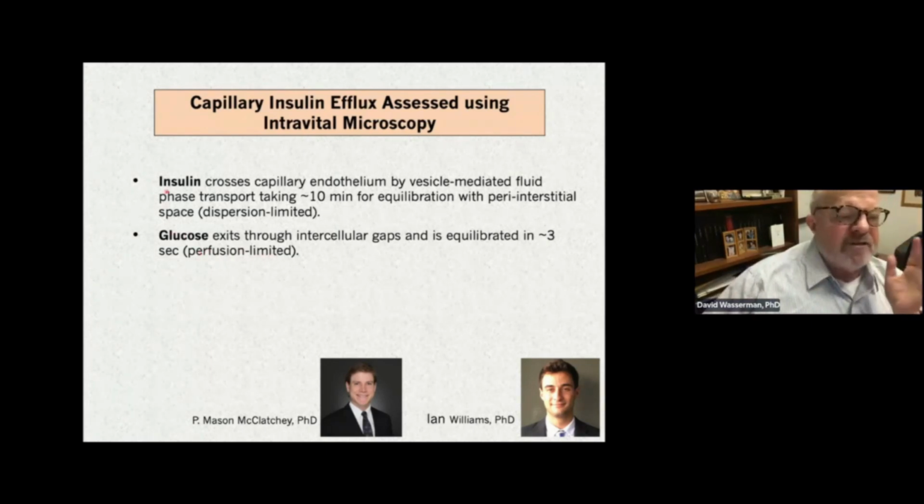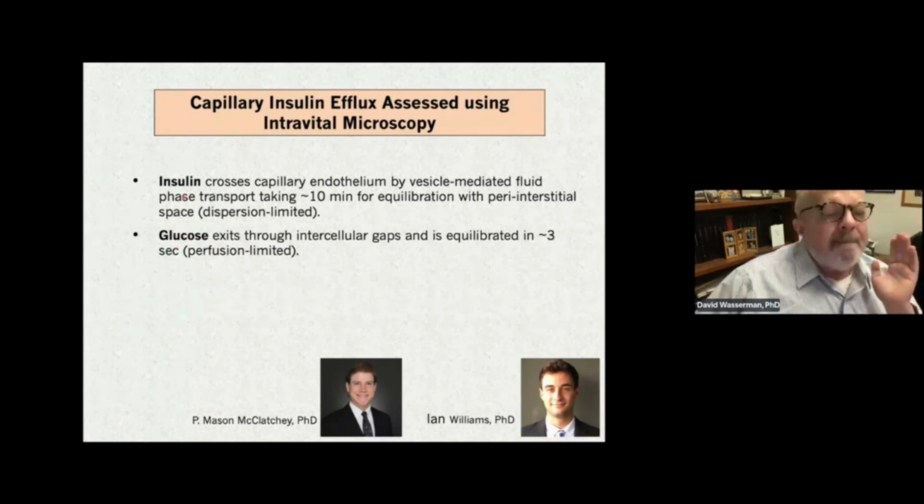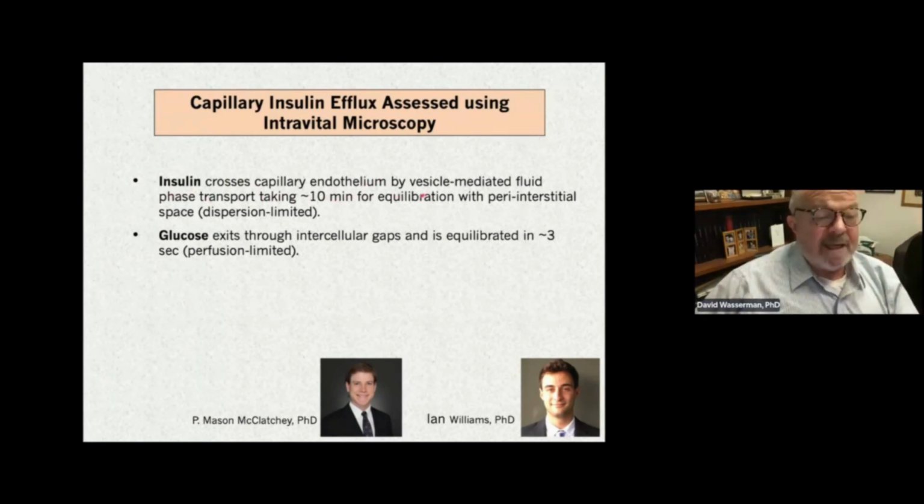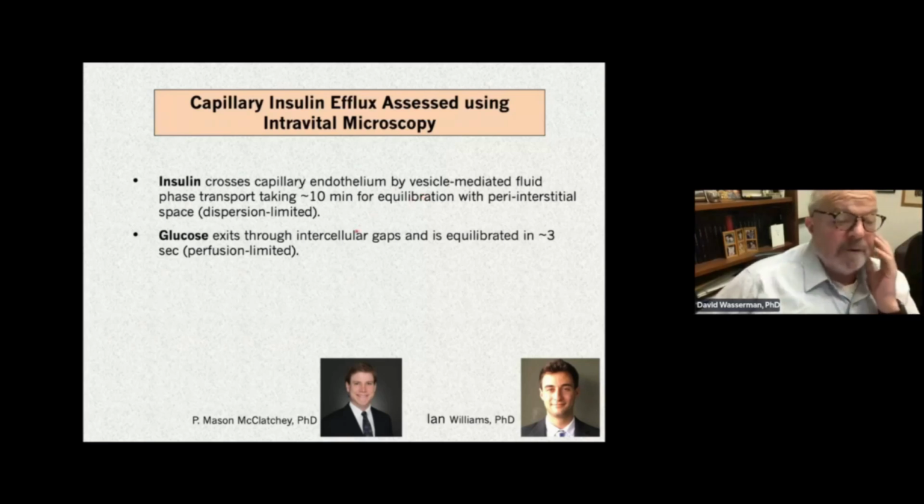The implications of this are important because it means you can increase perfusion, that is the flow rate, without increasing insulin delivery, but you do increase glucose delivery. On the other hand, insulin is more reliant on permeability of the endothelial cells to insulin and the activity of the vesicular transport.